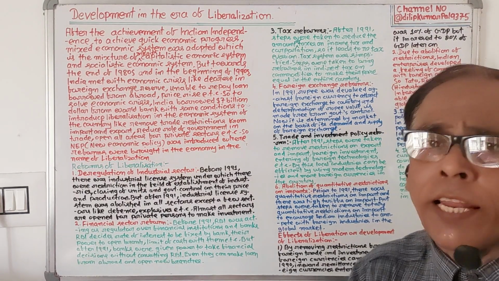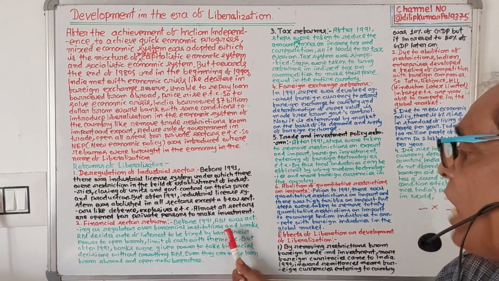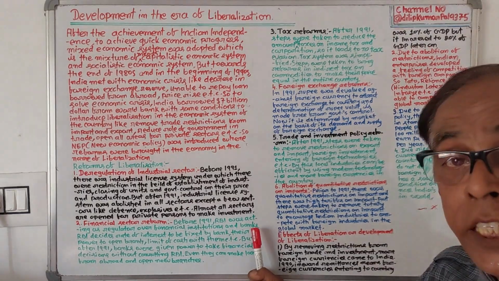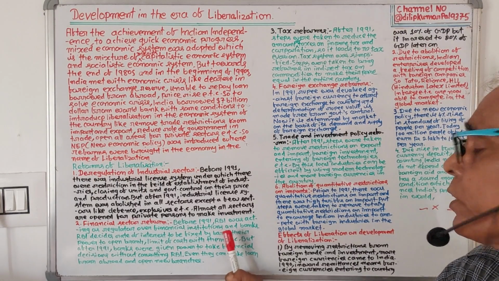Some reforms were made in the financial sector. What reforms were made? Before 1991, RBI, Reserve Bank of India, was a regulator over financial institutions and banks.